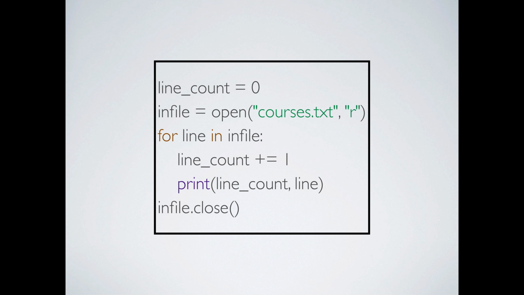Now again, the line is a string which already has the content of each individual line in that original file. This will loop through each line one at a time and print them out along with the line number, and at the very end it will close the file. So again, please make sure you don't forget that close file right there.